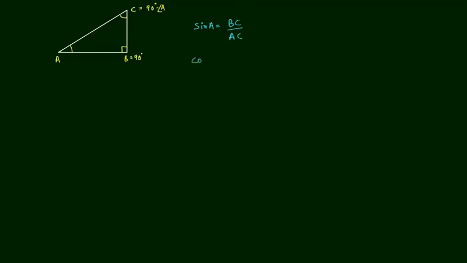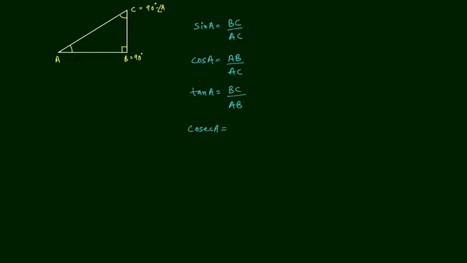Sin A, because the side opposite the angle is known as perpendicular, is equal to BC upon AC. Cos A is equal to AB upon AC because it is base upon hypotenuse. Tan A is equal to BC upon AB because it is perpendicular upon base.